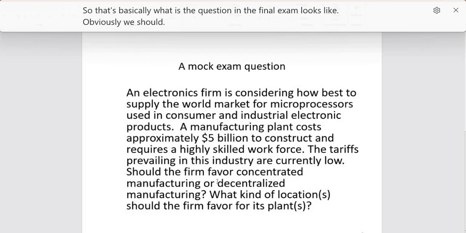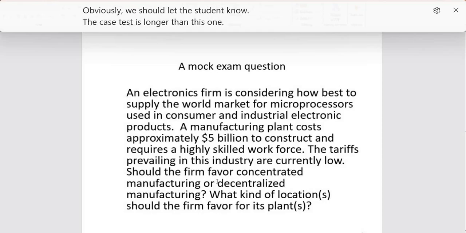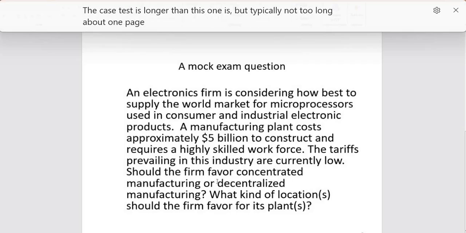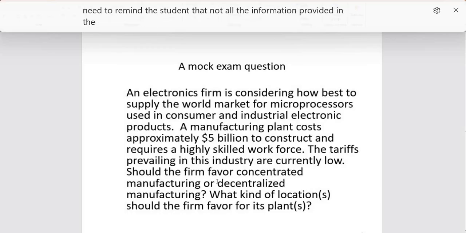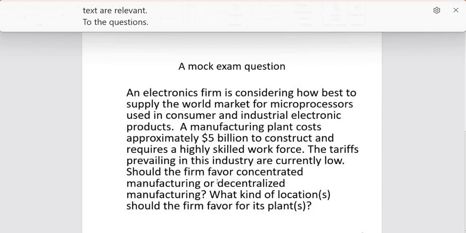Obviously, we should let the students know the case text is longer than this one, but typically not too long, about 1 page or at most 1/2 page. And we need to remind the students that not all information provided in the text is relevant to the questions they are supposed to answer. They need to pick up the relevant information to support their answer.